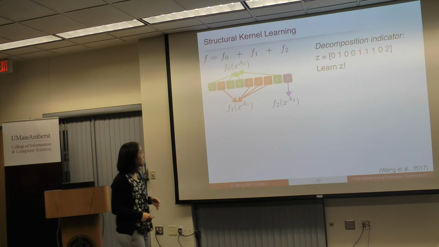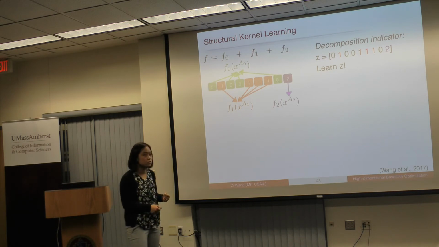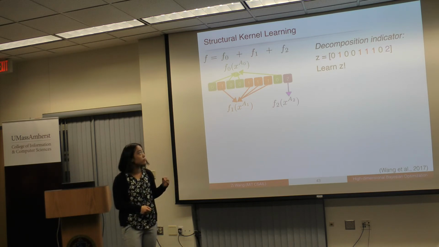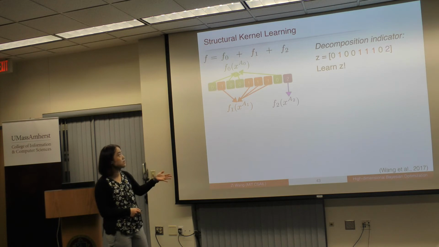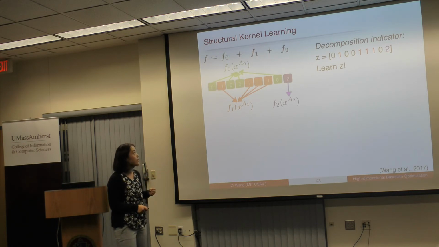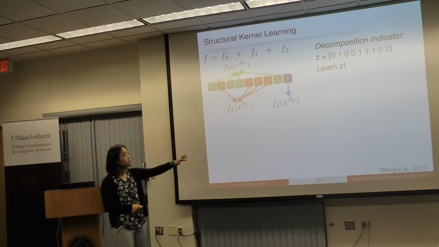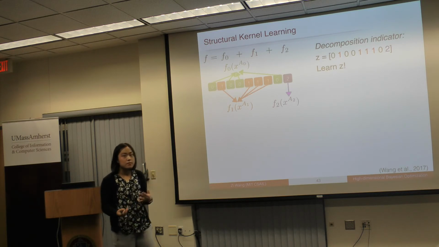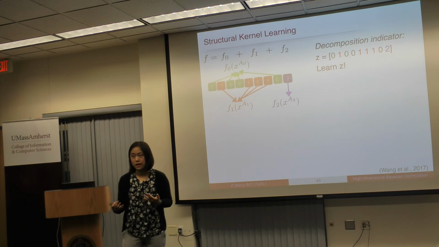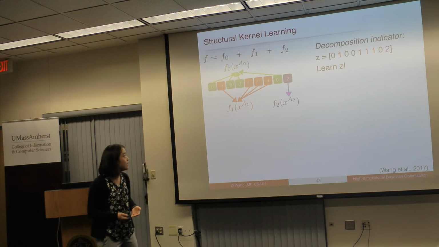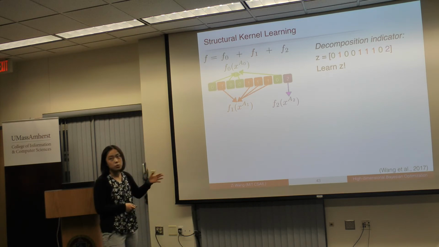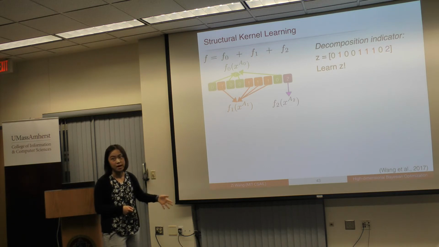In this case, we view this representation as a decomposition indicator, defined by a z vector. It has the same number of dimensions as our input, and each element denotes the index of the function that that particular input coordinate belongs to.